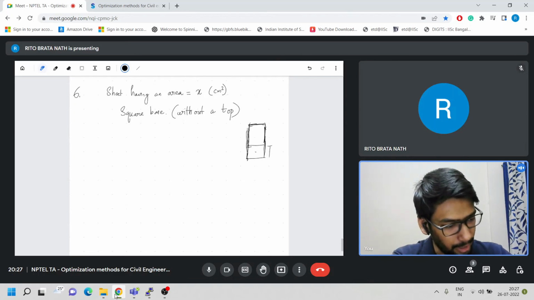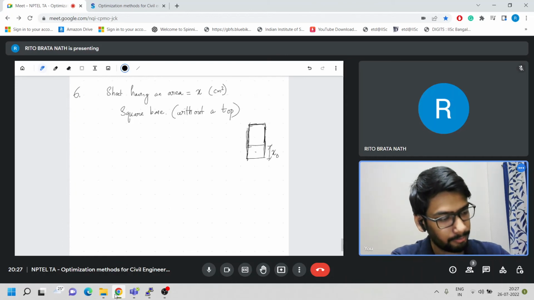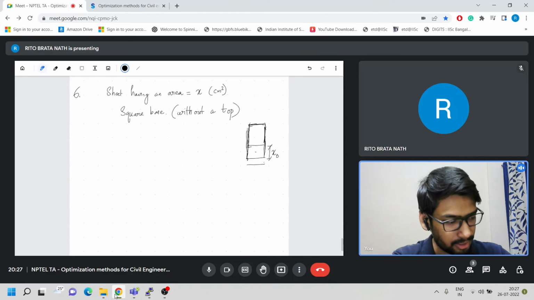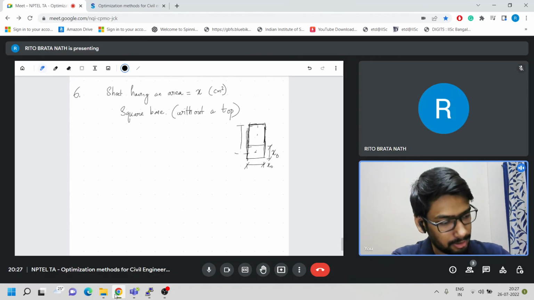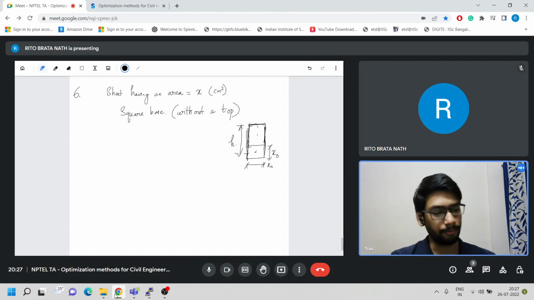So if you have the dimensions of this base as x naught, since it's a square, this will be x naught as well. And then you will have this height of something like this. So this height will be h. Now you have to find the values of x naught and h so that the volume is maximized and the overall area that you can use is x.